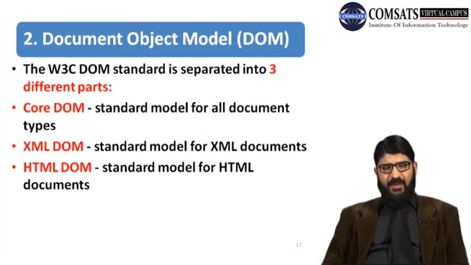The XML DOM is the standard model meant only for XML documents. The third category is HTML DOM, a standard model for only HTML documents. And in our lecture, we will focus on and discuss HTML DOM.